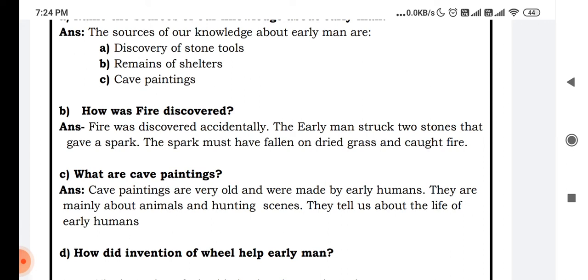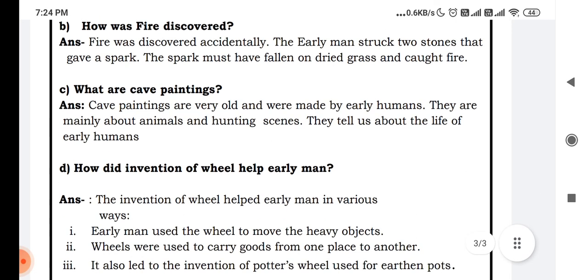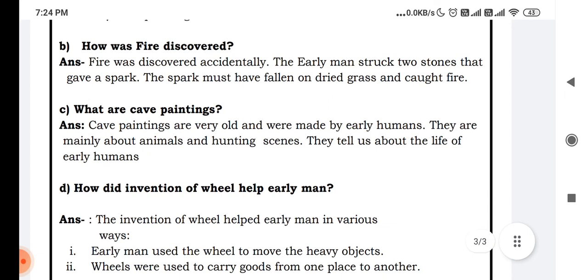B. Remains of shelters. C. Cave paintings. B. How was fire discovered? Fire was discovered accidentally. The early man struck 2 stones that gave a spark. The spark must have fallen on dried grass and caught fire.